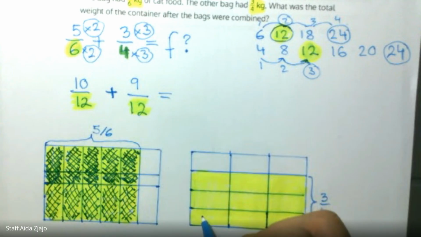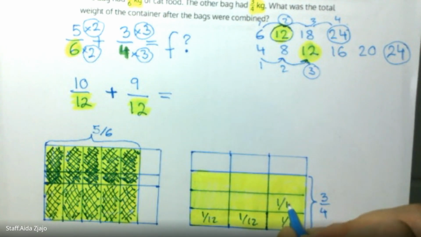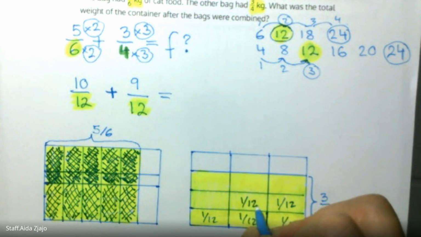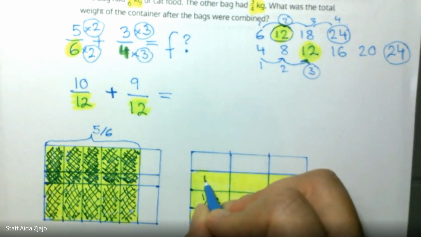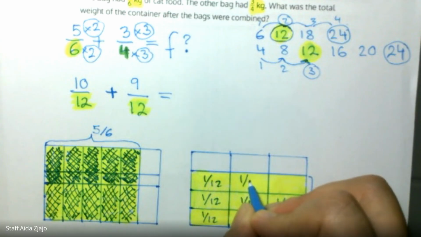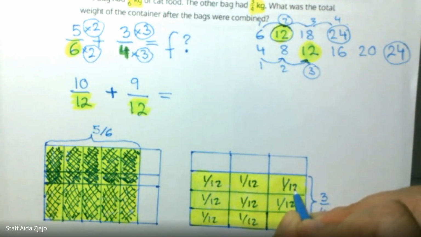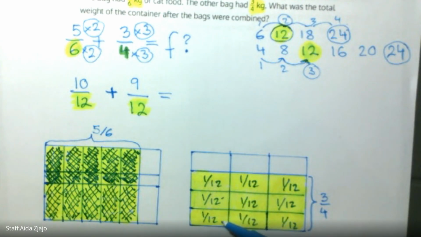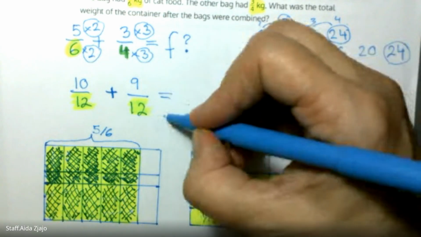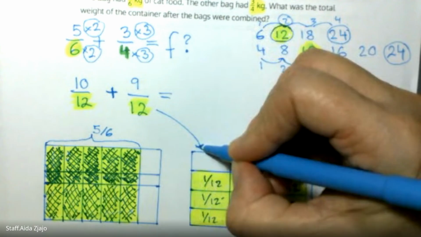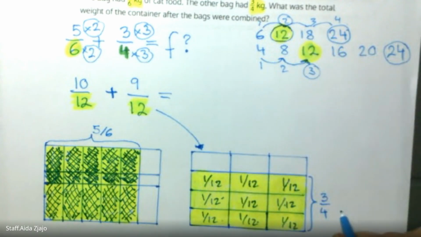So each of these is 1/12. And as you can see, 1, 2, 3, 4, 5, 6, 7, 8, 9, 9 twelfths. So 3/4 is the same as 9 twelfths.